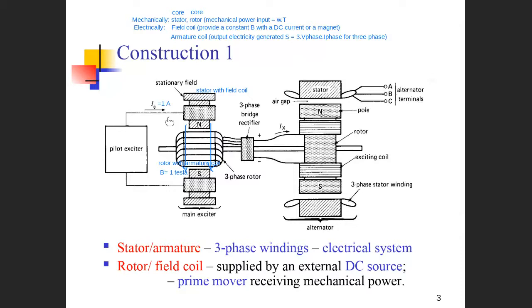So using 1 ampere, for example, to produce 1 Tesla, the armature coils on the rotor cutting the magnetic field produced by the stator generate current on the rotor coils.